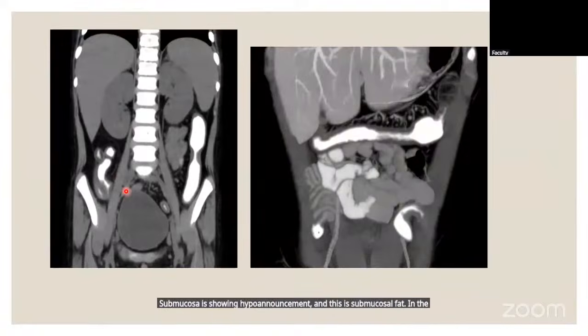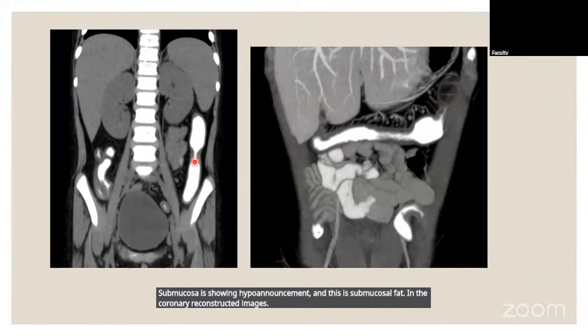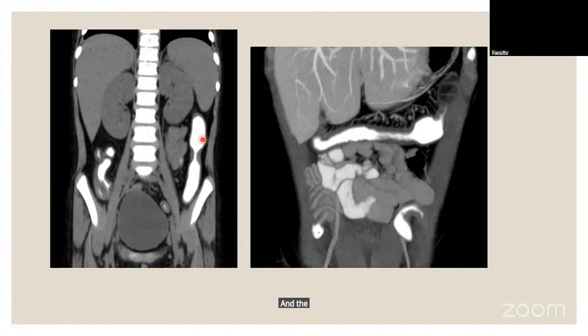In the coronal reconstructed images, there is presence of a stricture without any bowel dilatation. And the colon involved is both right as well as left-sided colon with involvement of the transverse colon, which is showing increase in the pericolonic vasculature with presence of a stricture showing mild dilatation.